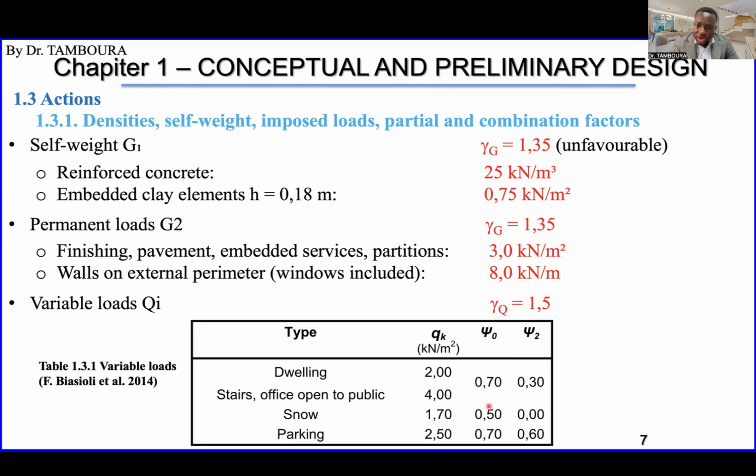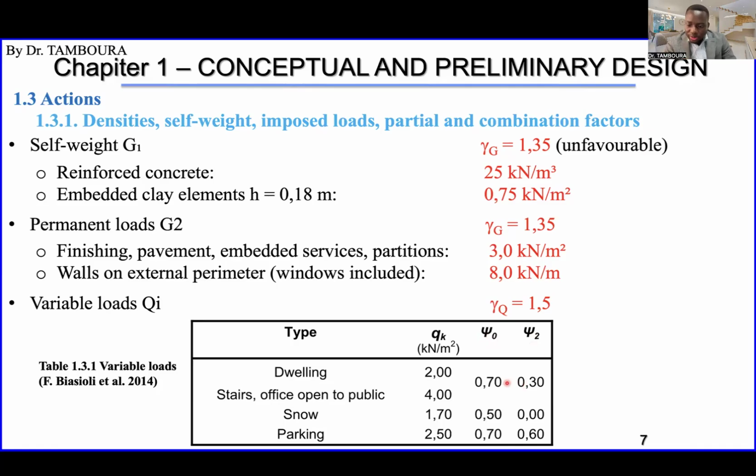For example, you see 0.5. It's true that the weight of snow, for example, is 1.7 kilonewton per square meter. But this weight is not permanently on the building. How often is it applied? Maybe 50% of the time. This is the meaning of this value.